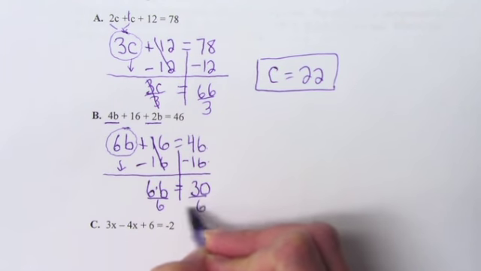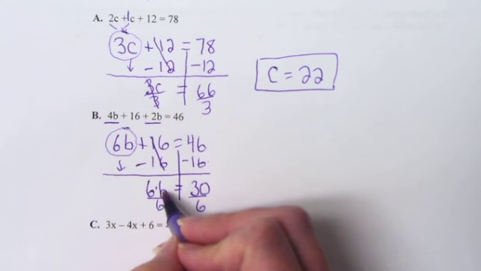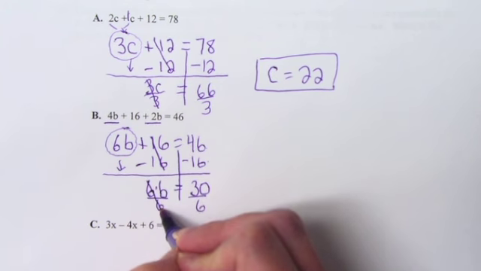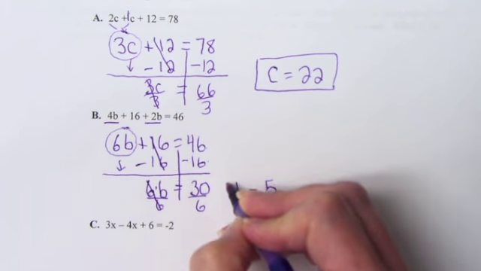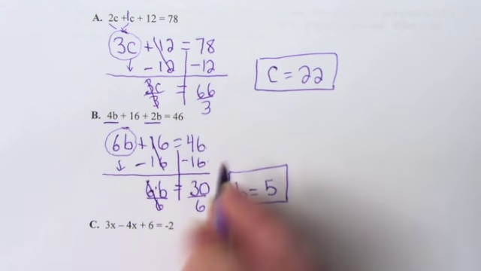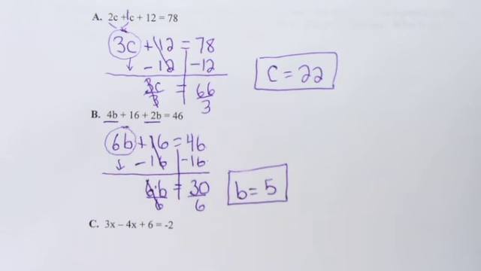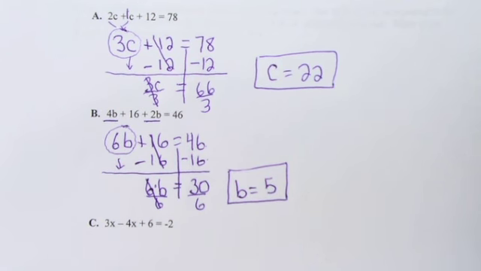We divide, if you remember from yesterday, it's because the 6 and the b are being multiplied together, so the opposite of multiplication is divide. Cross out those 6's, and we're going to get b equals 5.